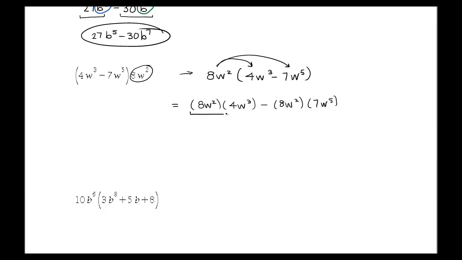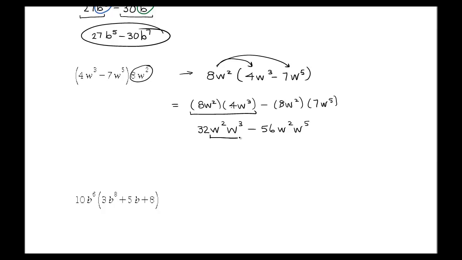So if I look at this part here, I can take my 8 and my 4, multiply those out, and I get 32. And I have a w squared times a w cubed. And minus, I have 8 times 7 is 56. And I have a w squared and a w to the fifth.